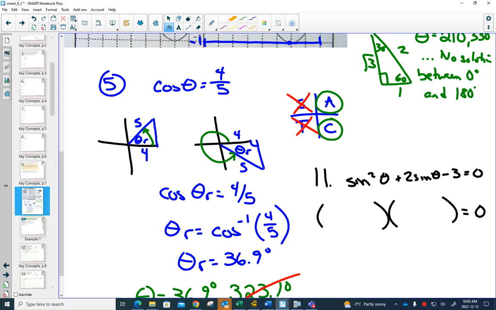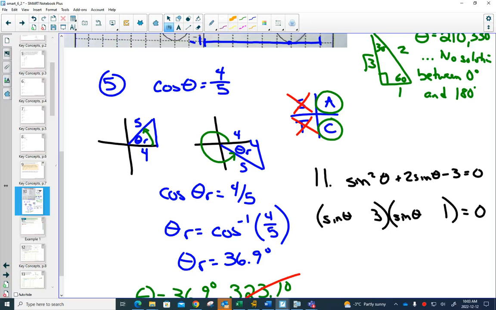Just like regular factoring with x squared plus 2x minus 3, if you wanted to get a sine squared, just like if you wanted to get an x squared, does it make sense that the only way to get sine squared in factoring would be sine theta times sine theta? And to get 3 would have to be 3 and 1.